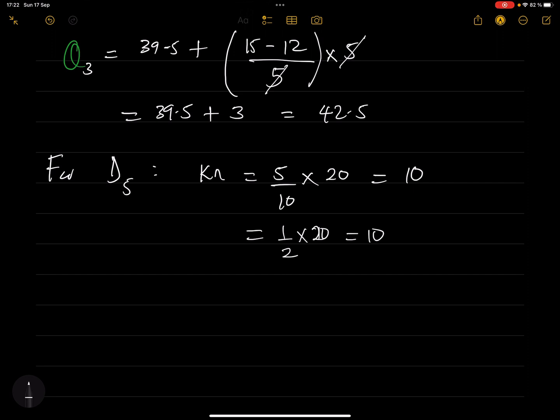When you compute Kn for the 5th decile, the K there is 5 over 10, and that will give you half. And that half, you are multiplying by the whole of your observations. That is, you are dividing your observations into 2. And what divides your observations into 2 is nothing but the median. So therefore, D5 is equivalent to the median.